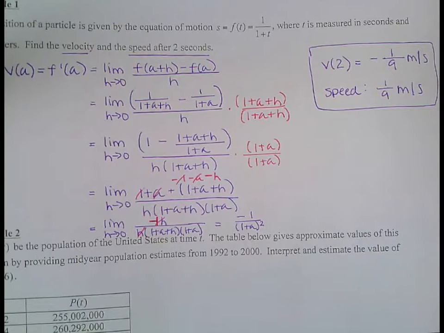How did you know that this was 1 plus 2 squared? How did you know that these cancel out to be 1? How do you know that this is 1 plus 2 squared?